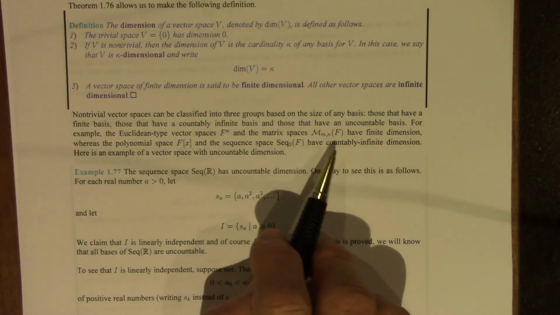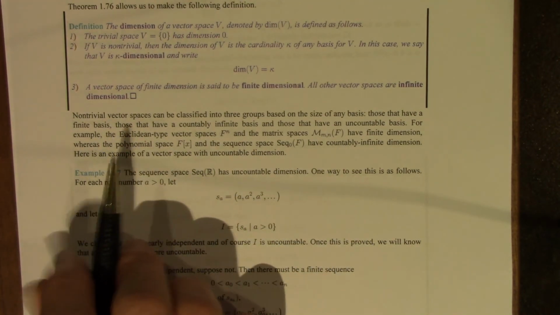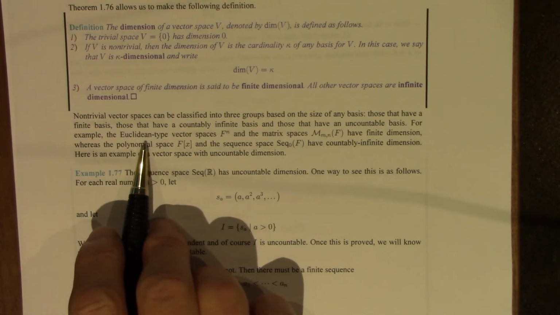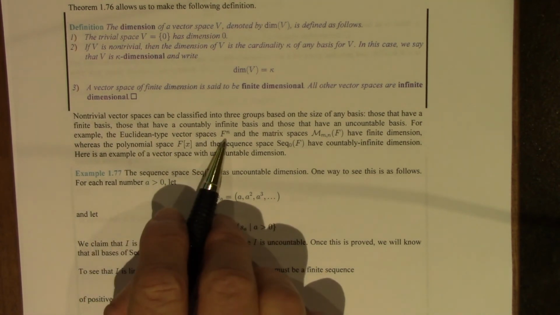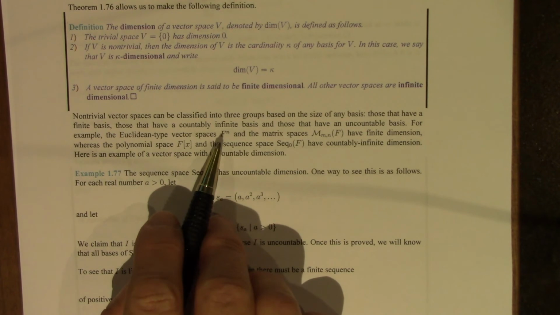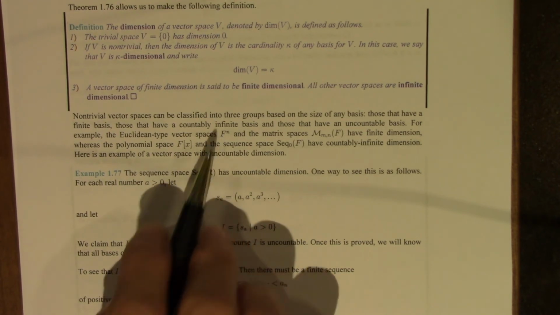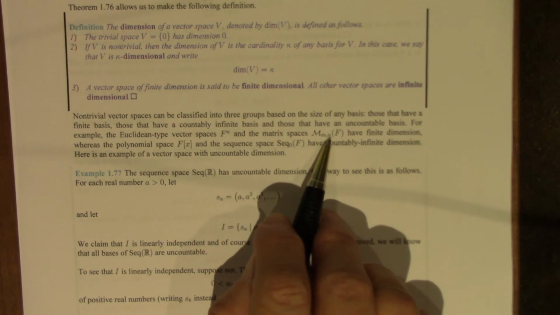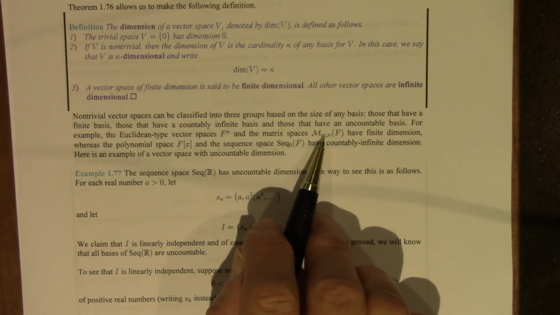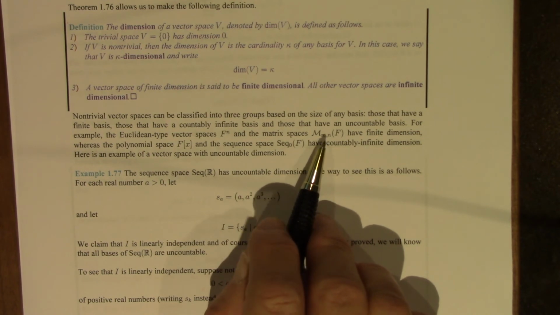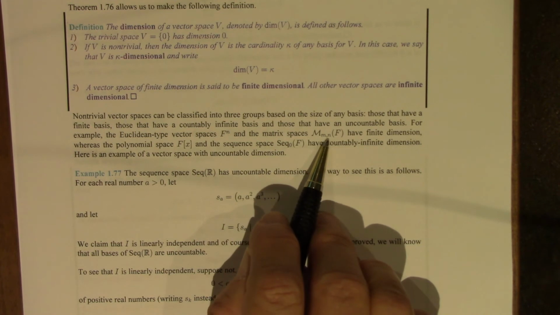So we've seen examples already of bases, the standard bases for several vector spaces. The Euclidean type vector spaces, Fn, have a basis of size n and are therefore n-dimensional. The matrix spaces of matrices of size m by n also have a standard basis of size m times n.